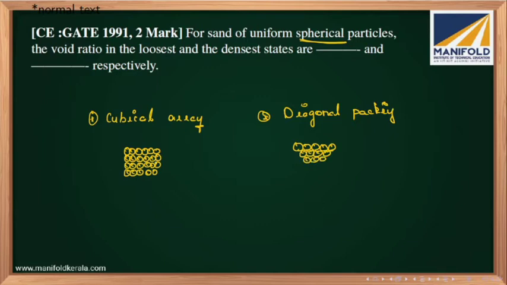Whereas in the cubical array pattern, the volume of voids is more, and we will be achieving the loosest state. In the diagonal packing, the volume of voids is less, and we will be achieving the densest state.